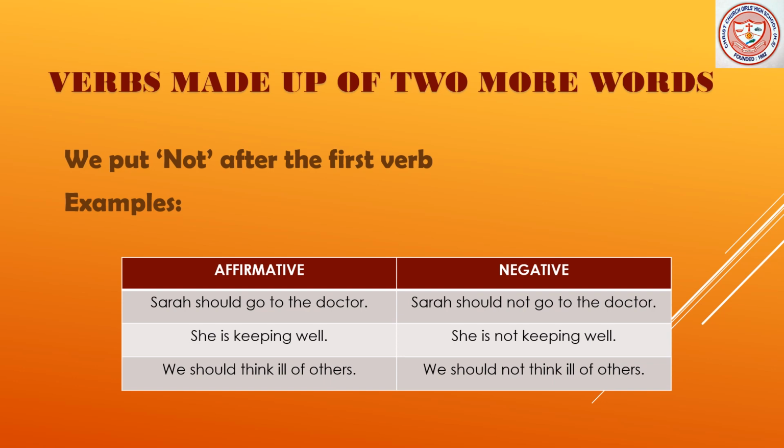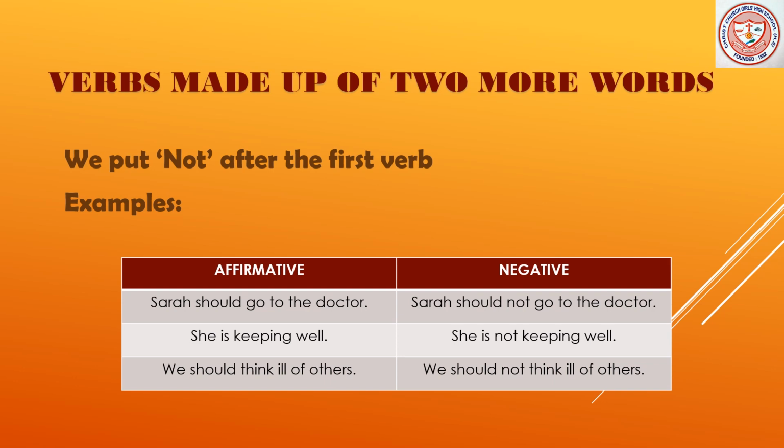Sarah should go to the doctor. In this sentence, we are getting a positive thought. So, it will be an example of affirmative sentence. And what will be the negative one? The negative one will be Sarah should not go to the doctor.